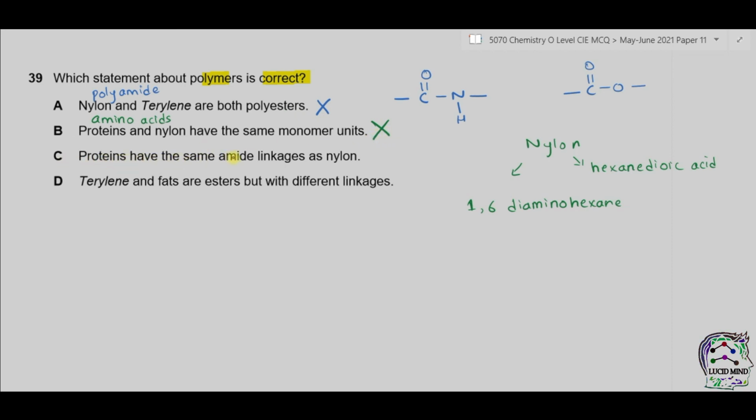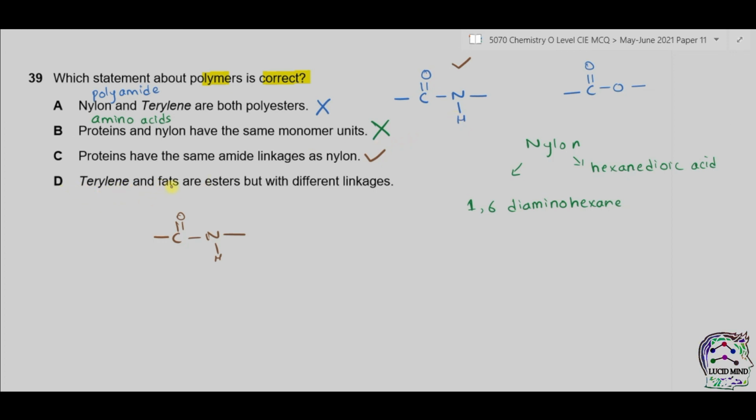Part C. Proteins have the same amide linkages as nylon. This is a true statement because in proteins we have amide linkage C double bond O NH. In nylon we also have amide linkage C double bond O NH.